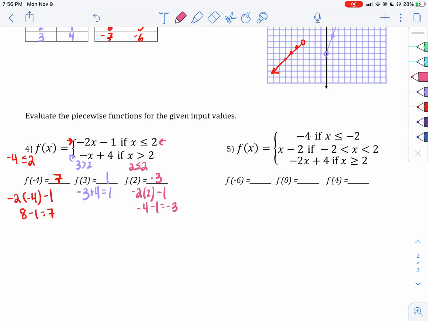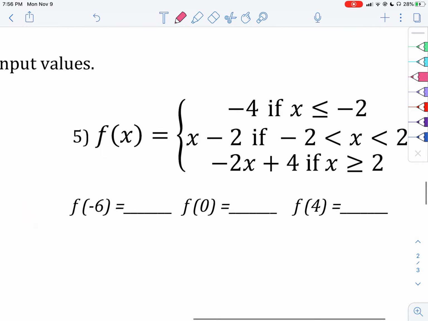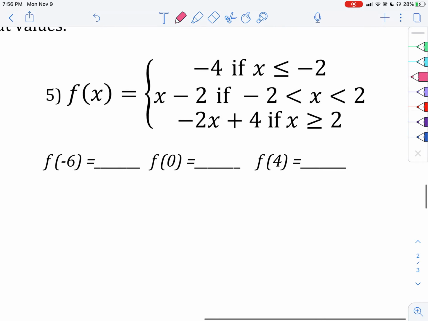Okay, we have another example here, and we have 3 parts. We want to find f of -6. So we have to find which one of these -6 will fit into, which one it's true for. So is -6 less than or equal to -2? Yes, -6 is less than or equal to -2.